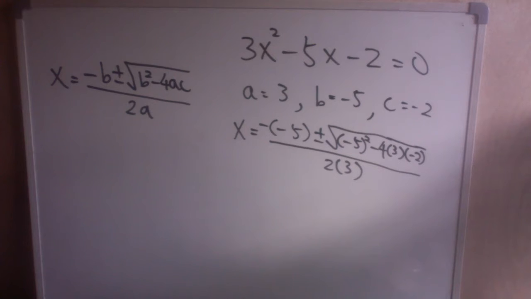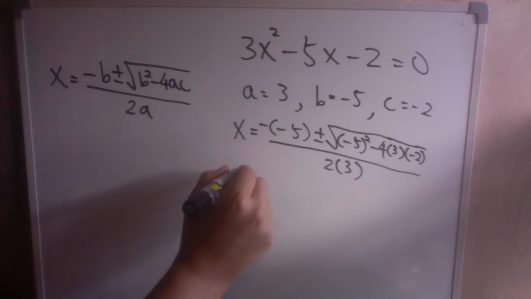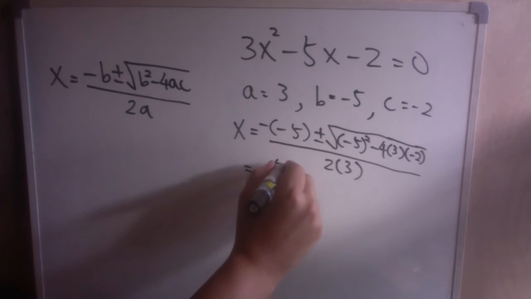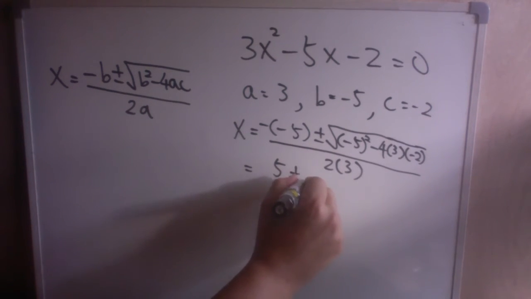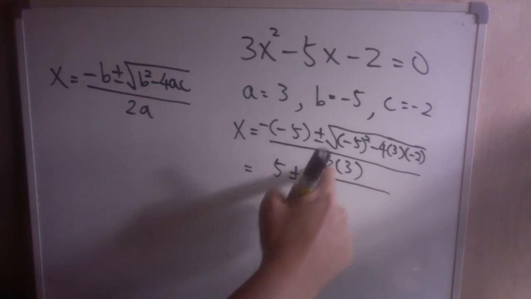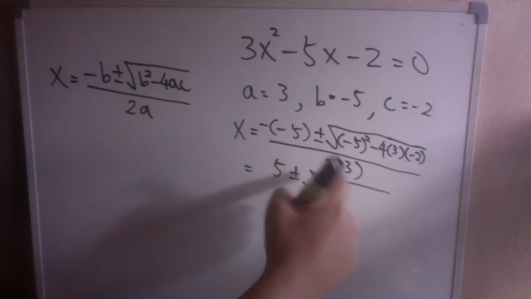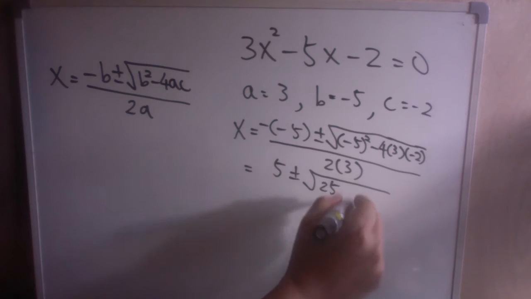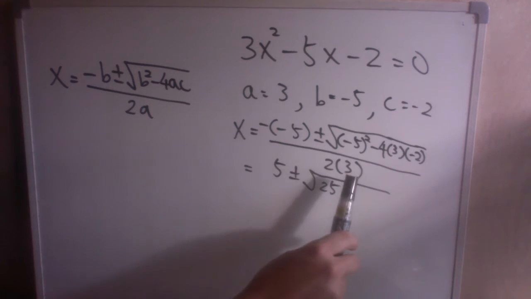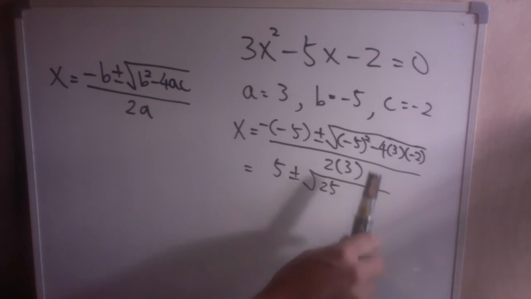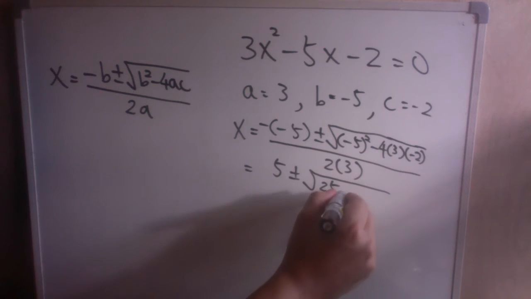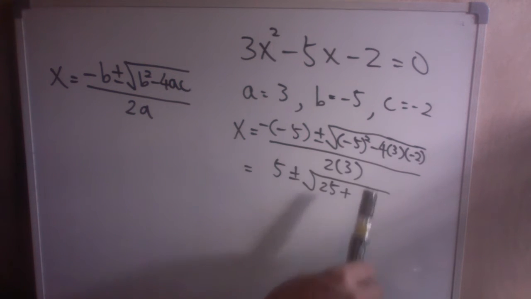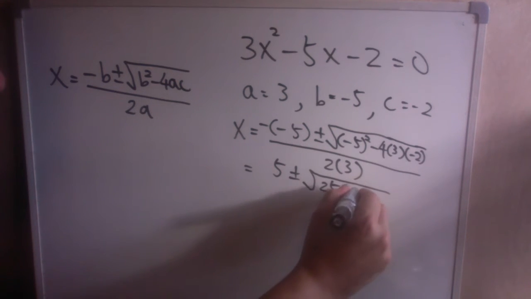So this is going to be equal to negative 5, that's positive 5, plus and minus the square root of quantity negative 5 quantity squared, that's 25, minus 4 times 3 times negative 2. Well, there's 2 negative signs, so that's going to be a plus. And 4 times 3 times 2, that is 24.